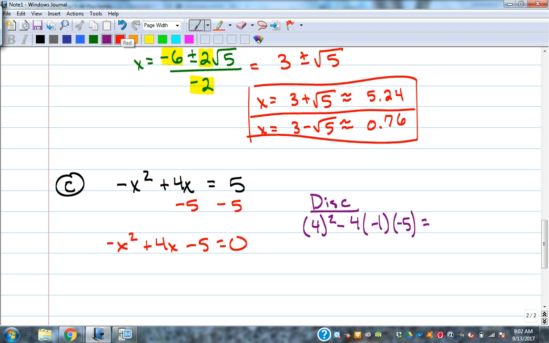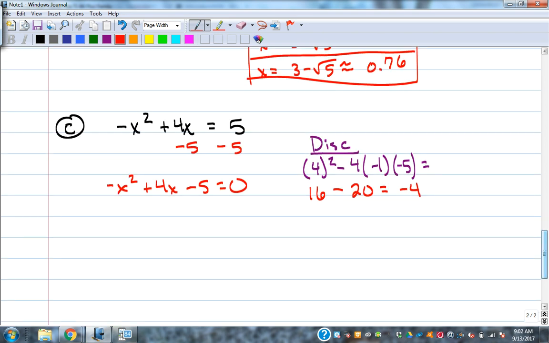That 4 in the middle there is always there. Simplify that, so that's 16. Positive 4 times -5 is -20. That's -4.